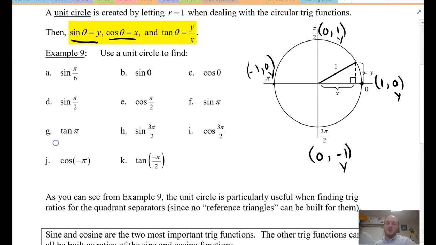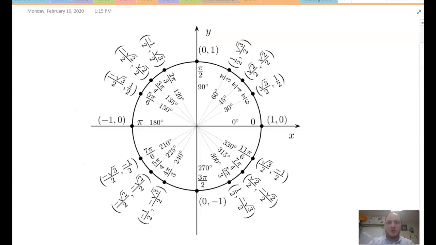Now they do start off not really tricky. This is foundational. What is sine of pi over 6? If you have a unit circle on hand, or if you want to construct one, or remember, or look at your hand, you can use that trick. So we'll look at this unit circle, and we want the sine of pi over 6.